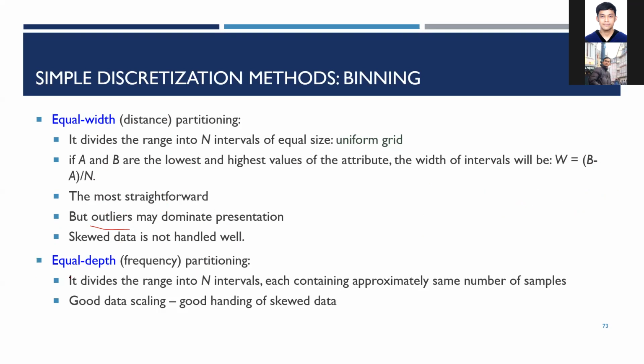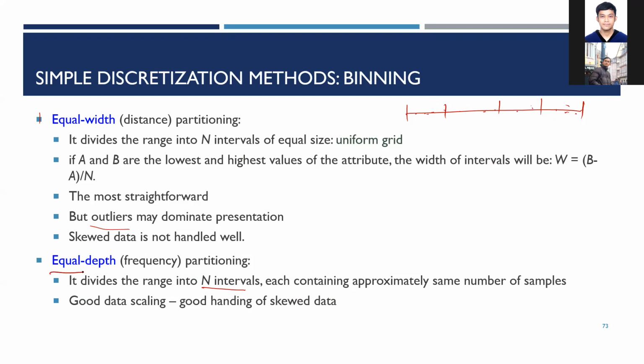Equal depth partition divides into n intervals, each containing approximately the same number of samples. So for the first one, this is the range, and we divide it into the same intervals, and then see which interval each data point falls in.